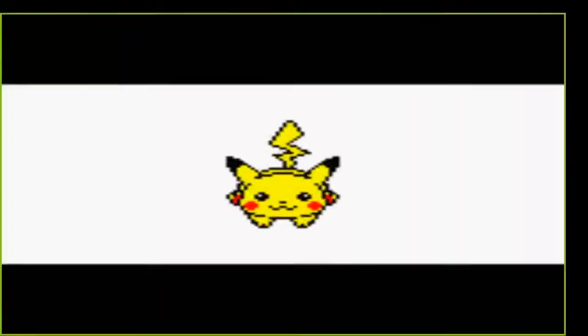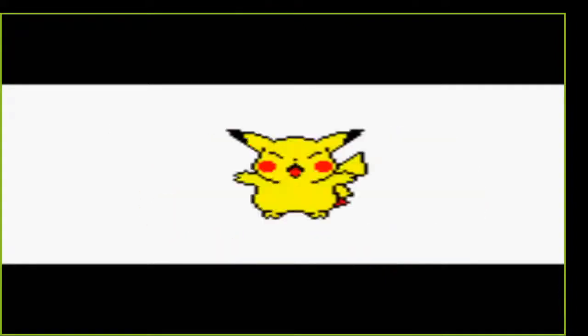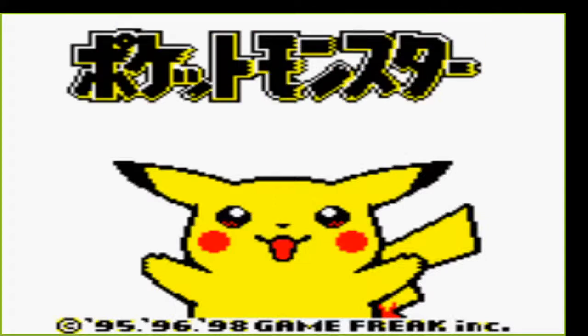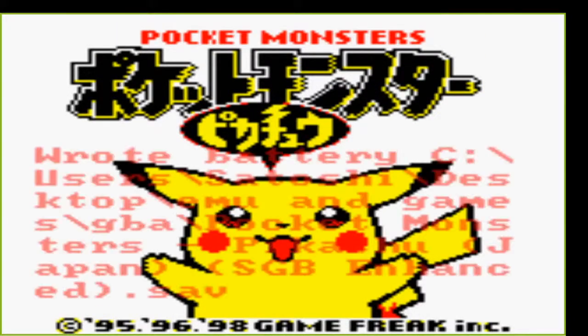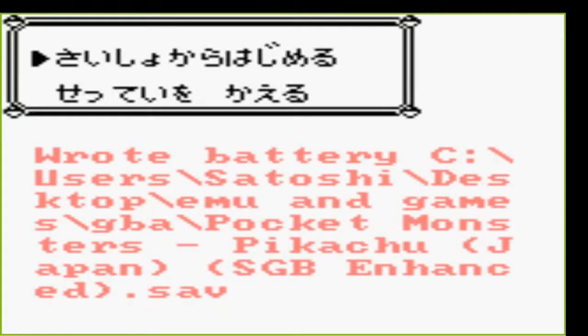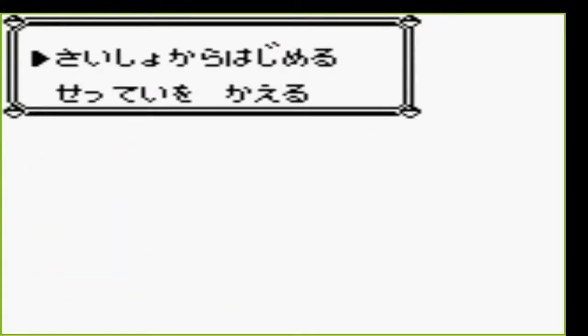Okay, so can you try to read the first one here? How to read this first one?